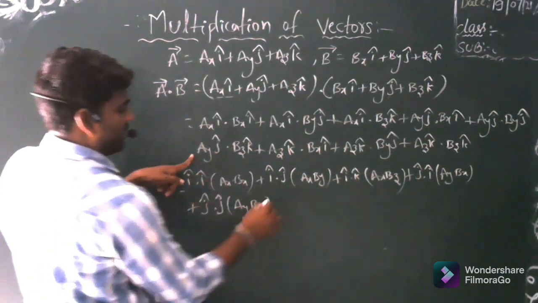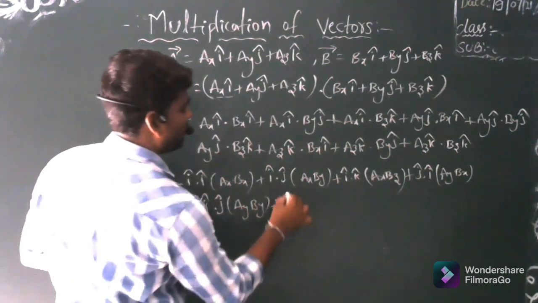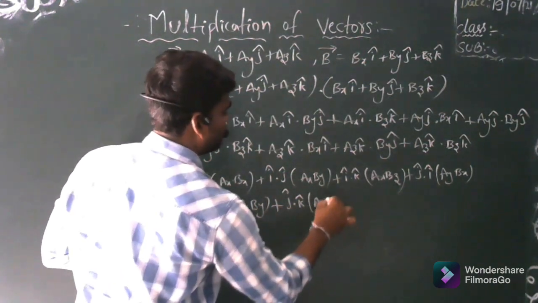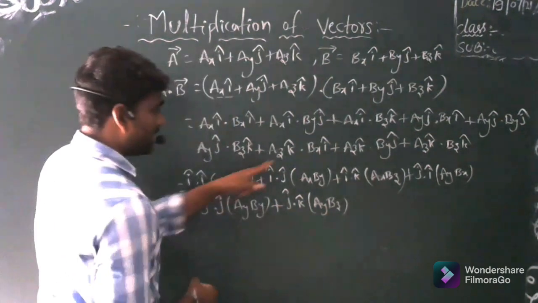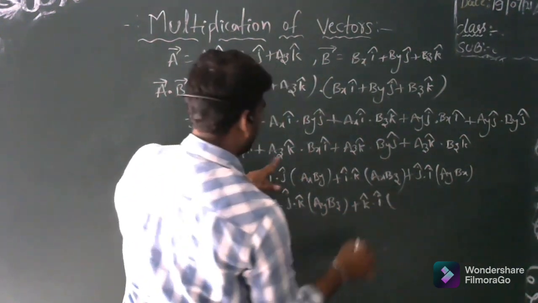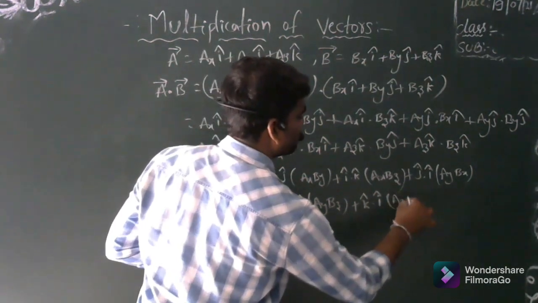Next j cap dot k cap into Ay Bz. Next k cap dot i cap into Az Bx.